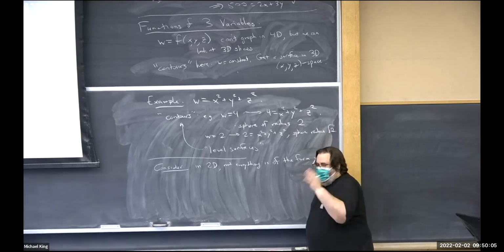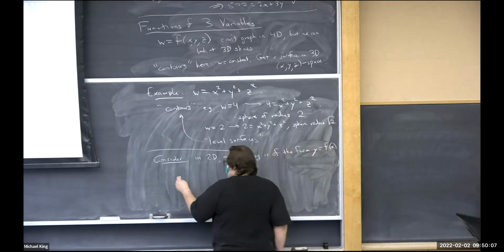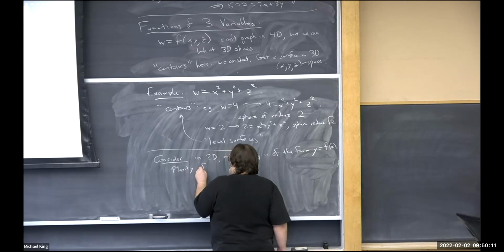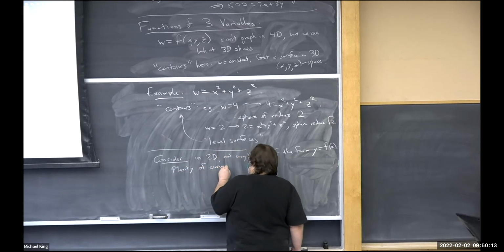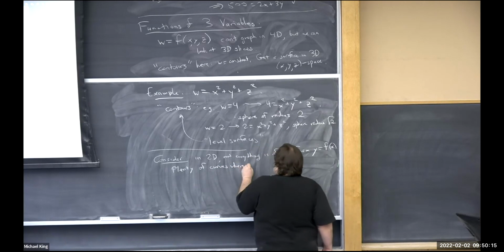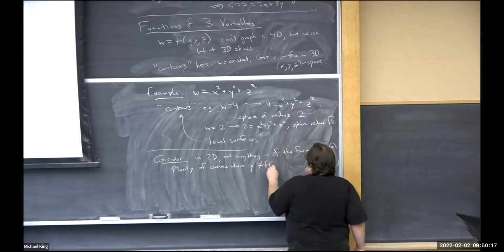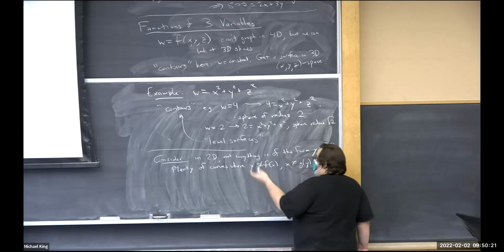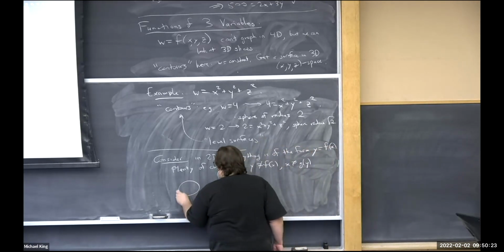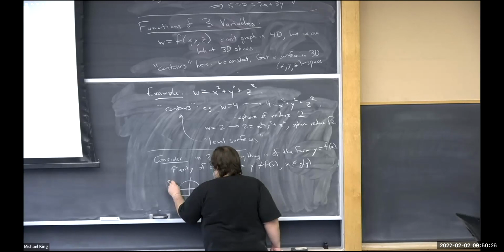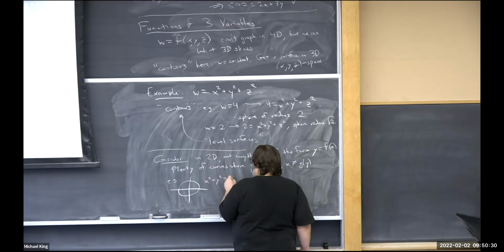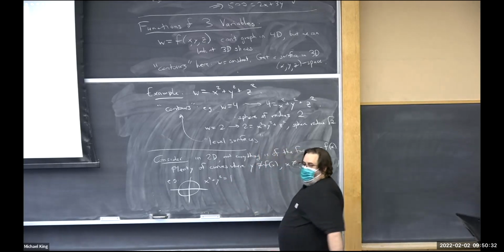There are plenty of curves where y is not a function of x, or x is not a function of y. A circle is the standard example: x squared plus y squared equals 1 or 4 or something.